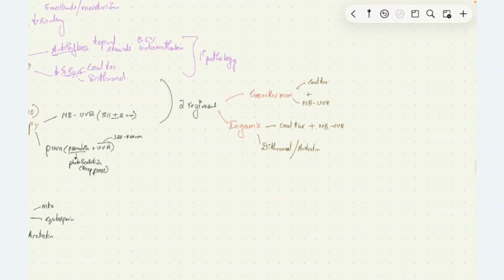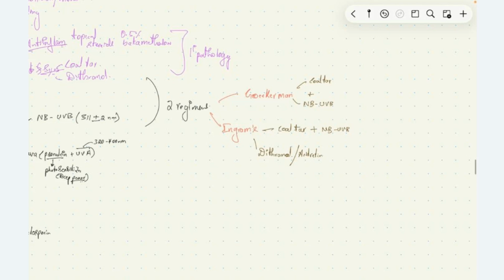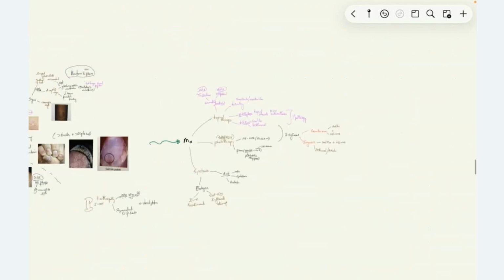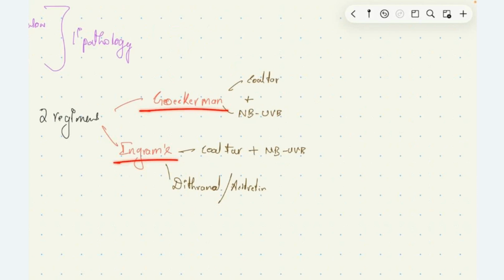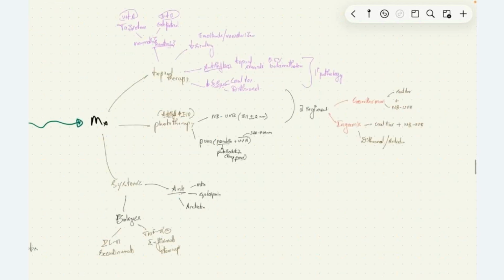We have two regimes to treat psoriasis, that is Goeckerman's regime and Ingram's regime. In Goeckerman's regime, we have coal tar and narrow band UVB rays as the treatment modality. In Ingram's regime, along with Goeckerman's regime, that is coal tar with narrow band UV phototherapy, we give dithranol or acitretin. This is about the topical therapy and phototherapy.